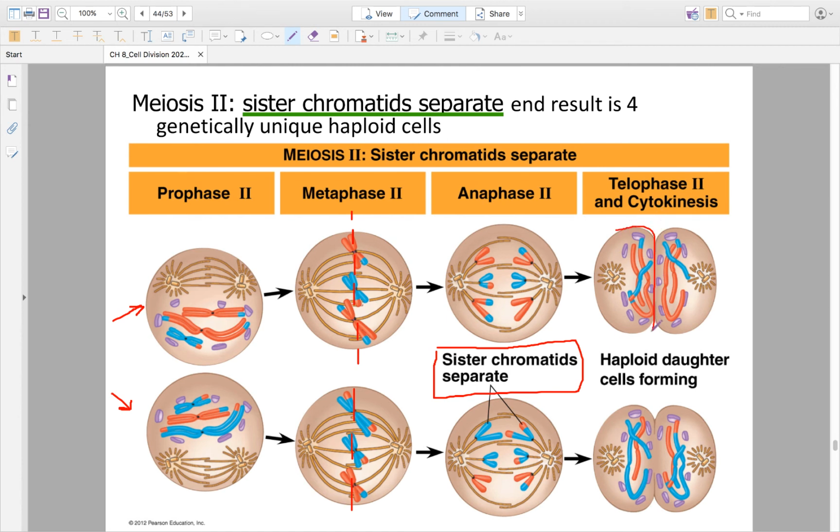Telophase and cytokinesis, we're going to end up with 4 cells. And they're going to be haploid because there's 1, 2, and they're going to be genetically unique. Okay, so if we're cutting this in half and then this in half, we're going to end up with 4 haploid cells, right? And they're genetically unique. Why?